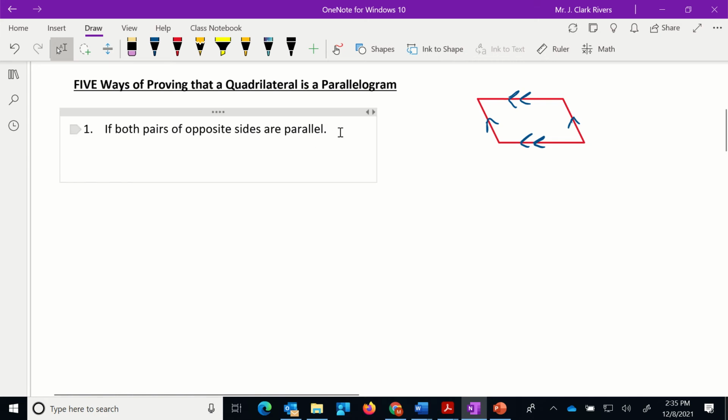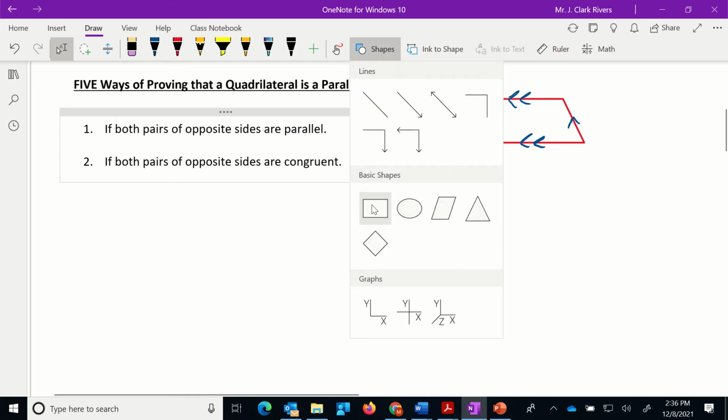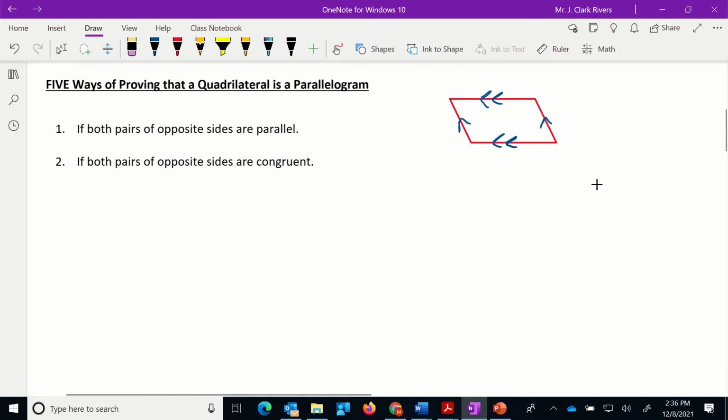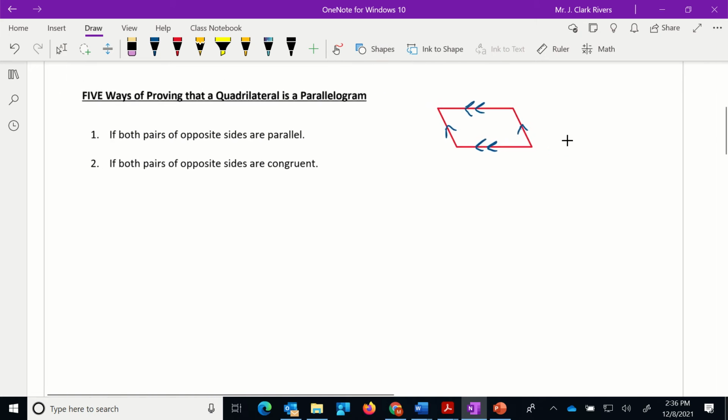Number two, if both pairs of opposite sides are congruent. And same thing, go back to your parallelogram tool. Get your parallelogram going, something like that.